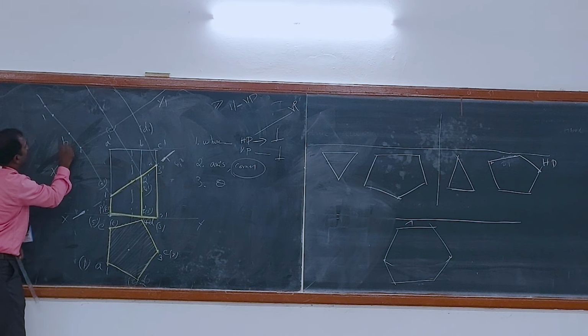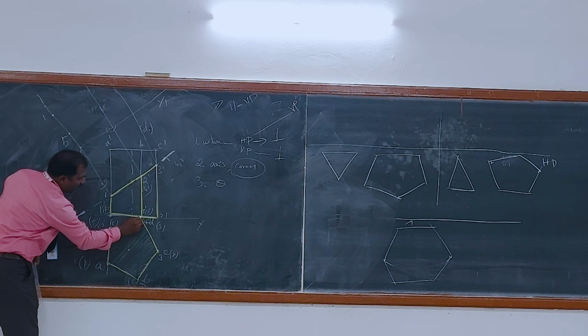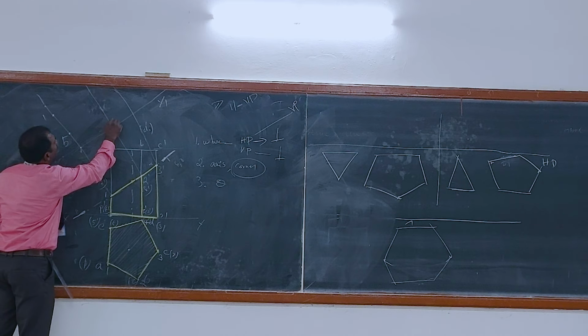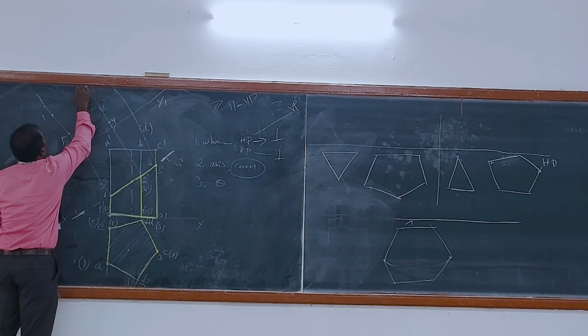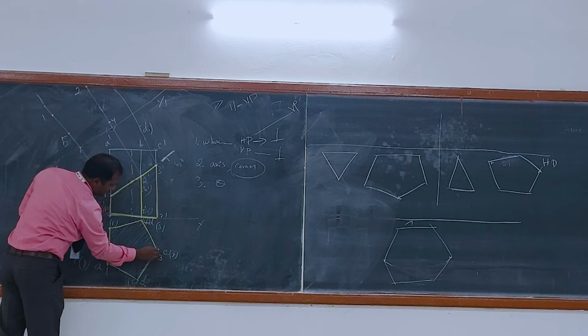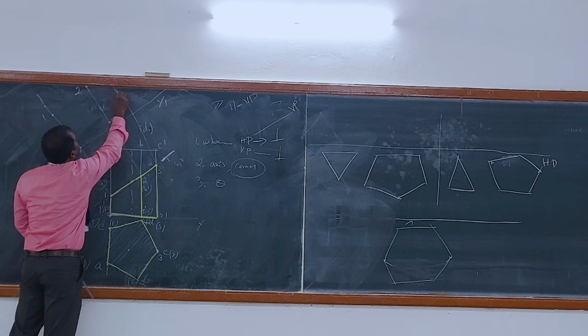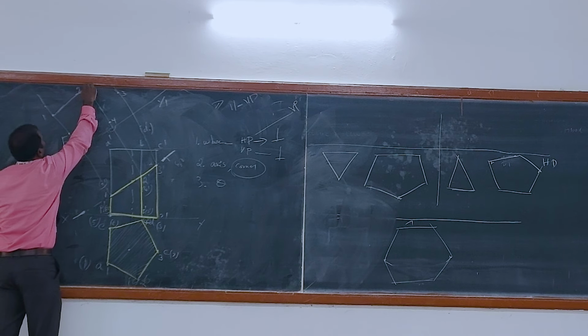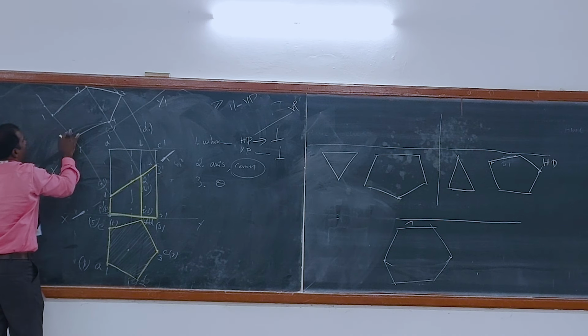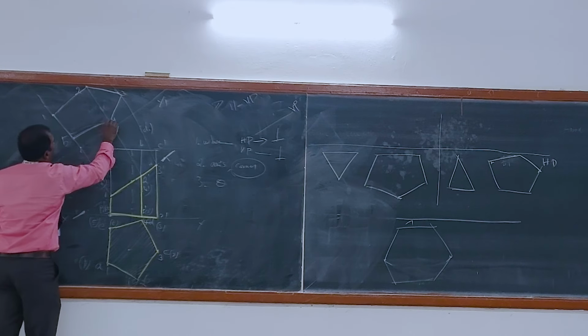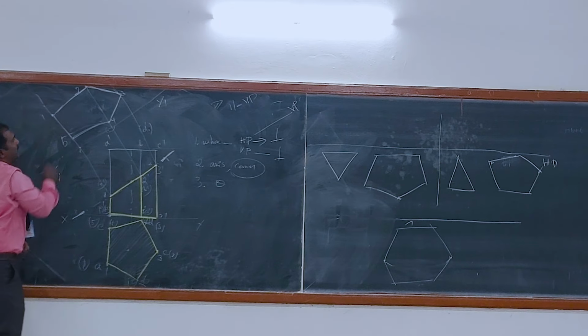This is 5. Similarly, measure from xy to 4, xy to 2, and xy to 3. Then draw and you get the true shape. Got it?